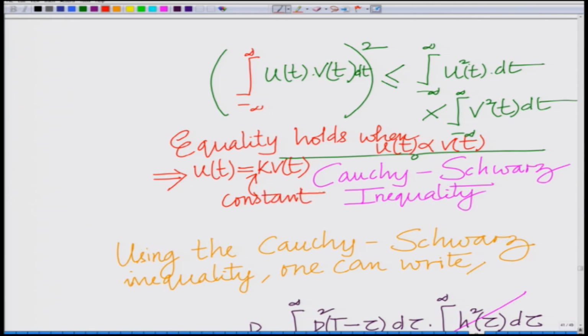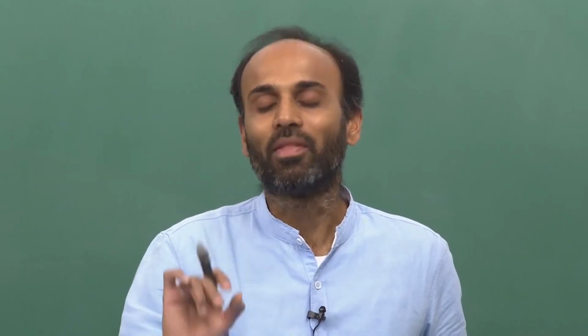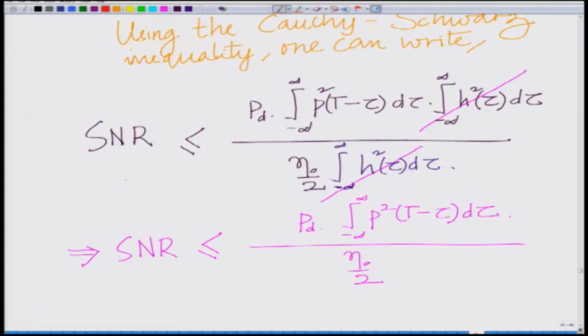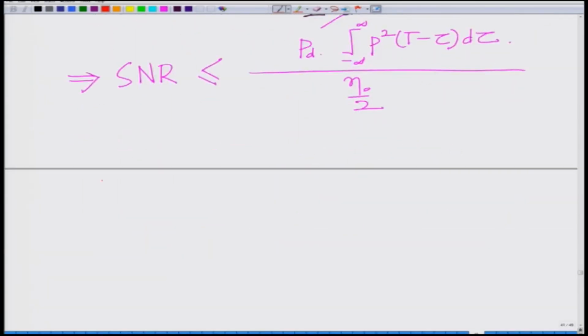So, the equality holds in the Cauchy-Schwarz inequality only when ut is proportional to Vt, that is, we are looking at the integral from minus infinity of ut times Vt, it is maximized when ut is proportional to Vt. Therefore, using that result we can say that the equality holds.